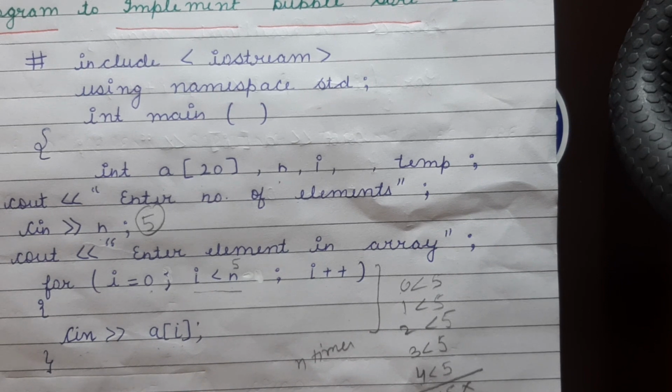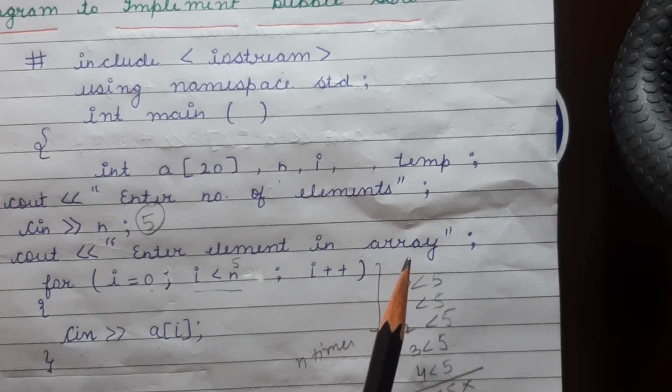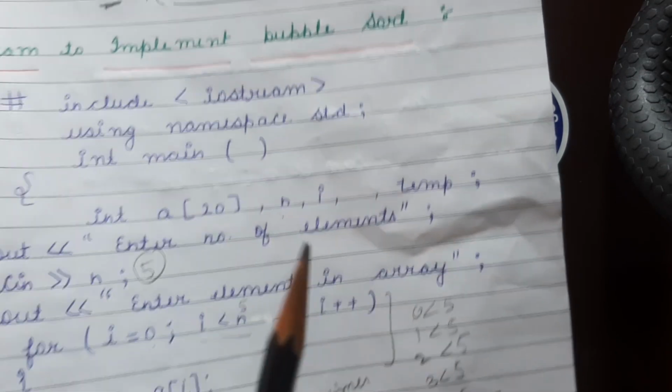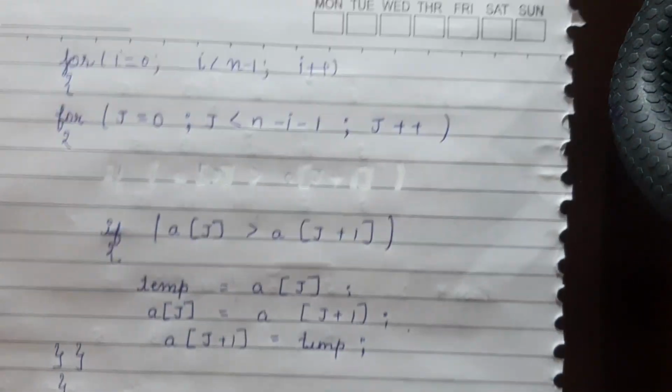Now after this, we write the code for implementing the number of passes. After entering the elements in the array, we implement n minus 1 passes to swap the elements. So now we discuss the further code.